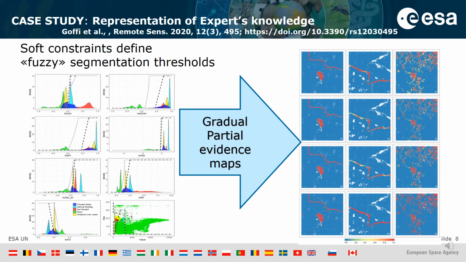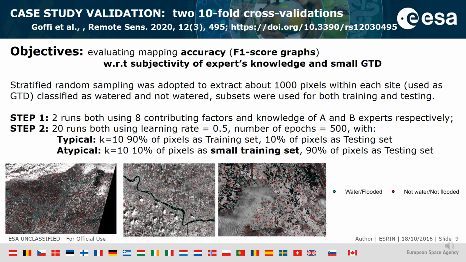These 2 experts did this activity using a GIS in which they could analyze the distribution of classified data in the classes of flooded areas and not flooded areas, and so they defined these fuzzy segmentation thresholds in order to best separate not flooded areas from the other areas.